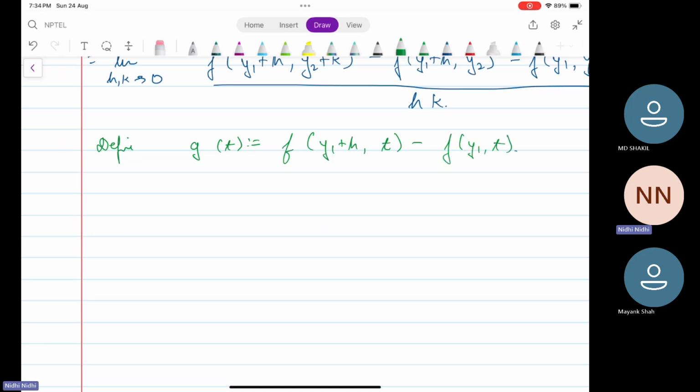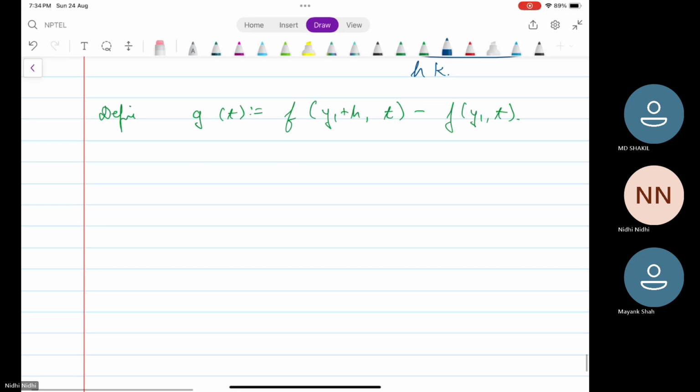Now, since d2 f exists, that means f is differentiable with respect to its second variable, which is the main variable of the function g. Therefore, g is differentiable as well as continuous. Hence, we can apply the mean value theorem on g.